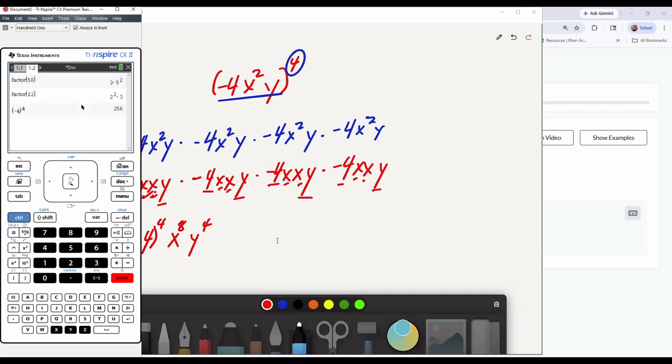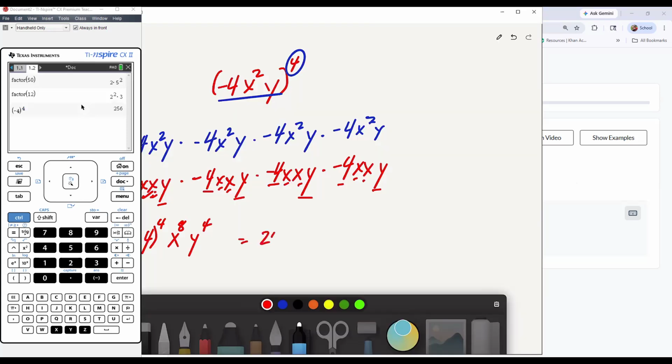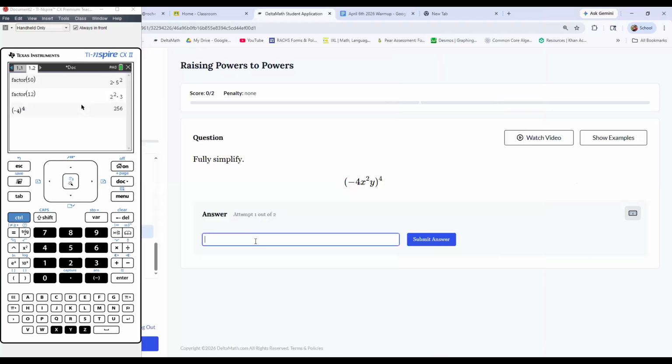So our answer for this one is 256 x to the 8th, y to the 4th. Oops, I'm not using the right thing here.